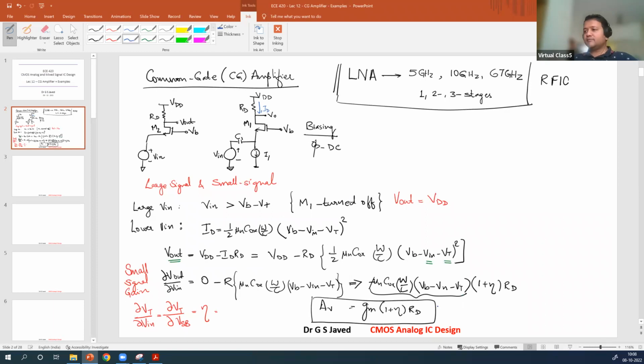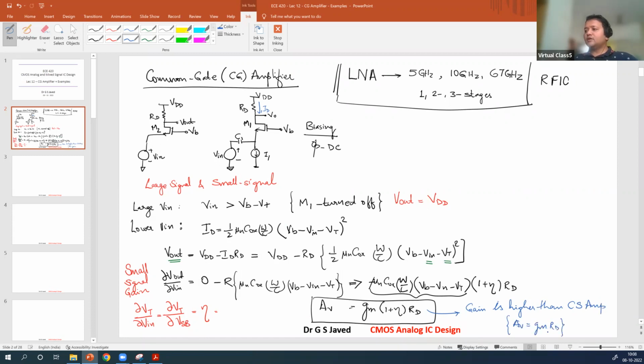First takeaway is, the gain is higher than the common source stage, the CS amplifier. CS amplifier gain is Av is equal to GmRd.